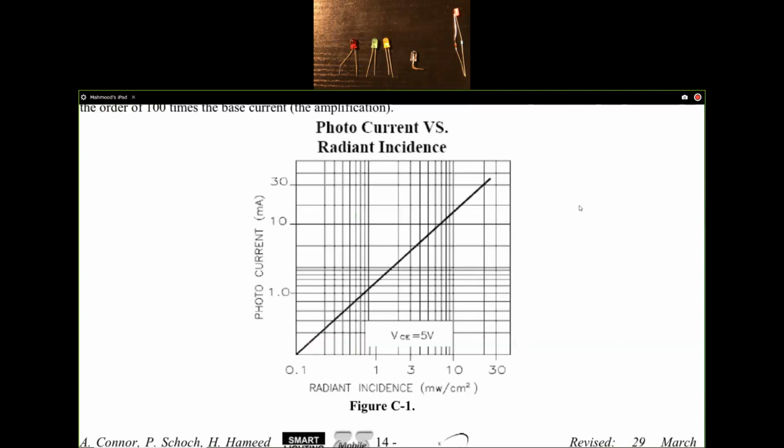And if we can place a resistor in our circuit along with the phototransistor, all that photocurrent will go through the resistor, which means that the voltage being measured across that resistor will increase linearly as we increase the amount of light that falls on it.